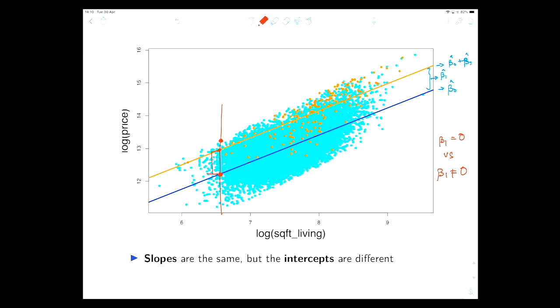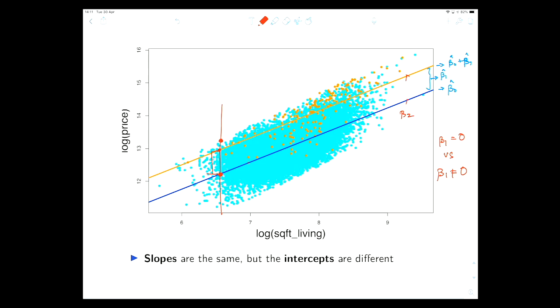In this particular setting, you'll notice the relationship between log price and log living area is fixed, whether there is a waterfront or not, because both of them have the same slope given by beta 2. Beta 2 measures the relationship between log price and living area.